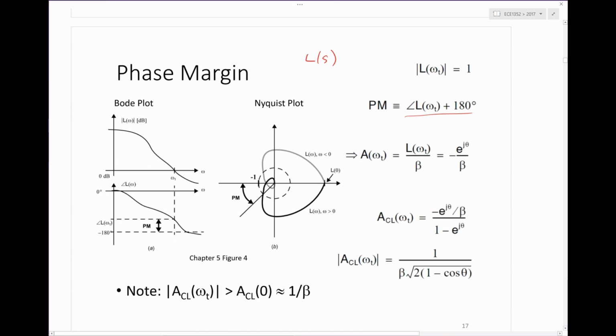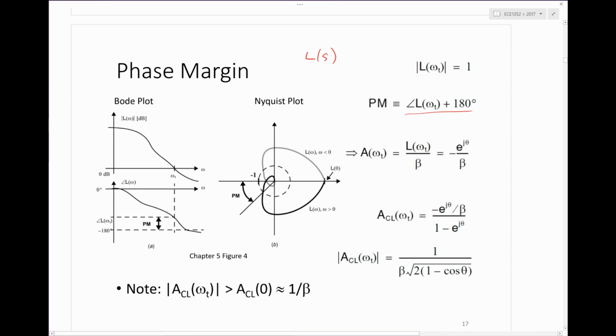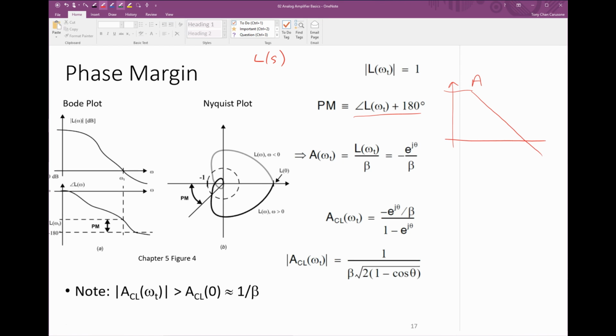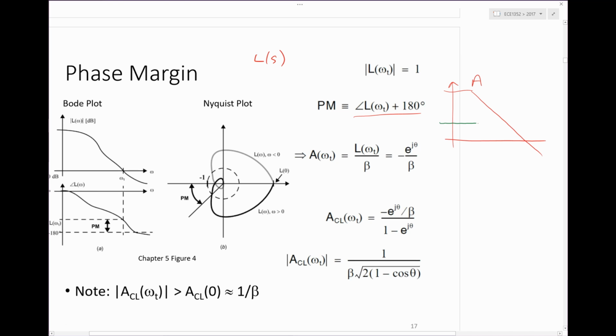Now I'm going to go back to something I mentioned before. Remember we sketched the closed loop response alongside the amplifier response here, and we said the closed loop response maintains its desired or ideal value up until you get to the unity gain frequency, and then it starts following the open loop gain of the amplifier.